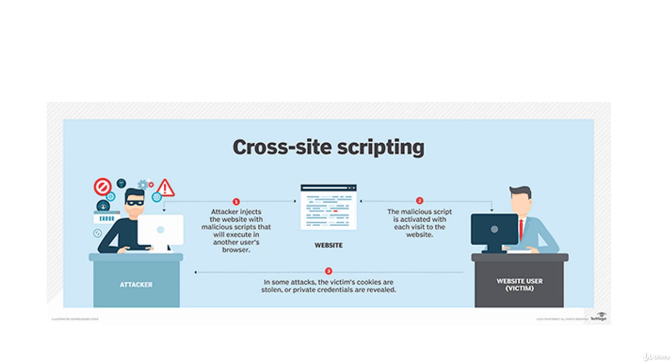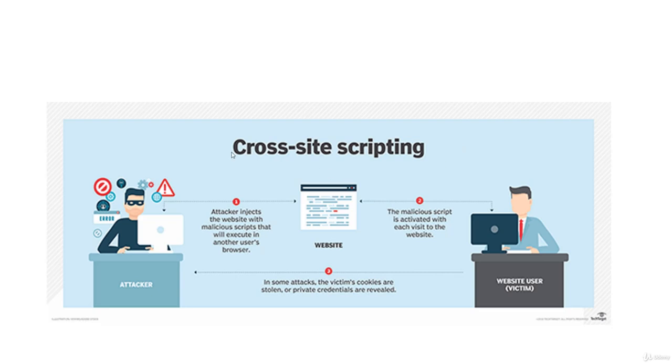That means it injects some payload into the website so that it will be executed on the website user. You can see the malicious script is activated on each visit to the website. That means the particular URL will be infected, and whenever the malicious script is activated, it will be executed on that machine, not on every machine.